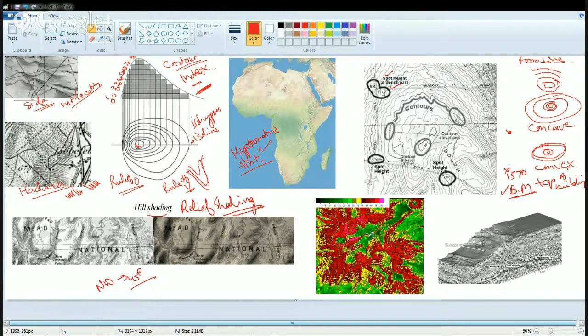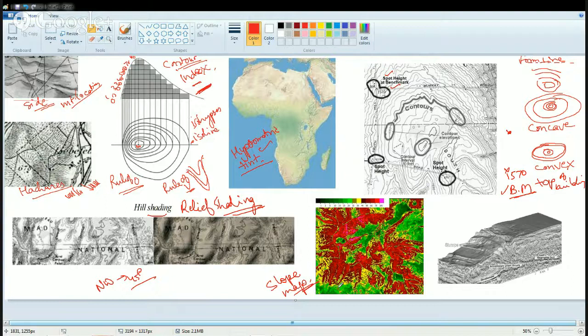Now let's understand a similar term, which is slope analysis or slope maps. It's similar to hypsometric tint or hill shading, but here we are trying to find out the slope. So the higher the slope, the darker the color. The red or the pink color here shows the darkest regions of the slope, while the green area shows the less dark region, or the less steep region of the slope.